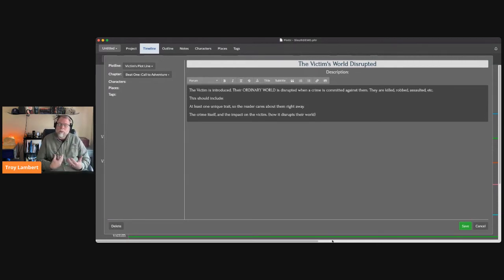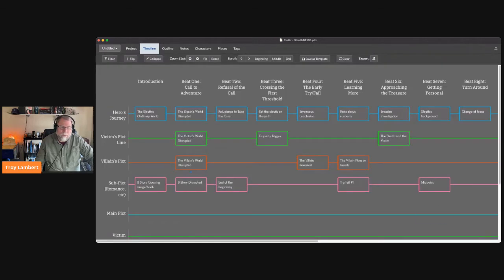But you also want to give your reader in this particular part a reason to care about the victim. If we don't care that the person died, then it's really difficult for us to carry that through to an entire book. So the crime itself, the impact on the victim, and how it actually disrupts their world. Like I say, death does that permanently, but it also disrupts the world of the people around them. So don't forget that part of things.